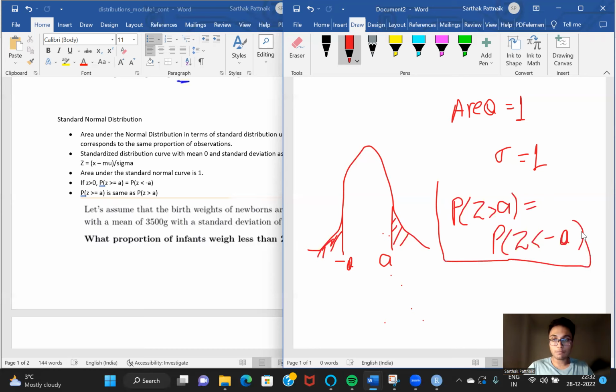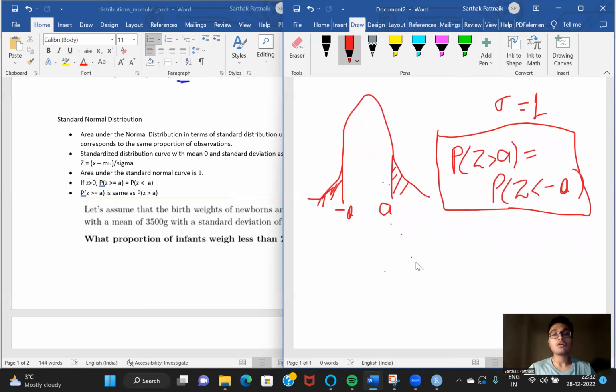This is an important property. We'll often come back to this property once we start programming in R, and we'll start understanding how we solve problems on standard normal distribution. That is where this property will be extremely handy.